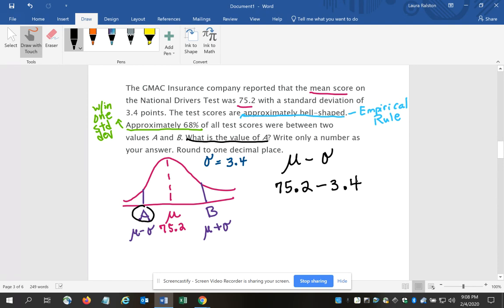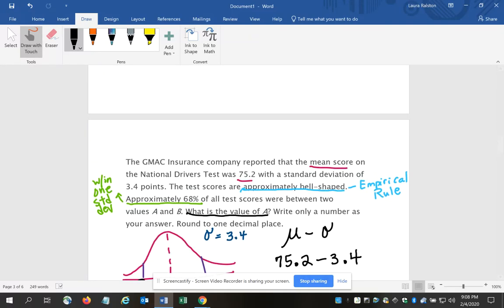I'll use my handheld calculator: 75.2 minus 3.4 gives me 71.8. So the low value for this data set would be 71.8. I'm not asked to, but I could also calculate B, but it doesn't ask me for that. All right, so let's move on to the next one.